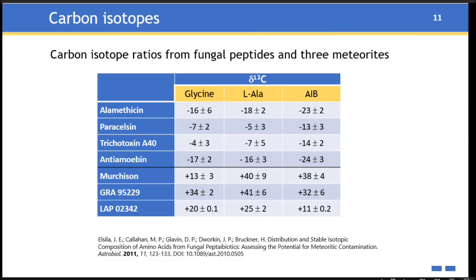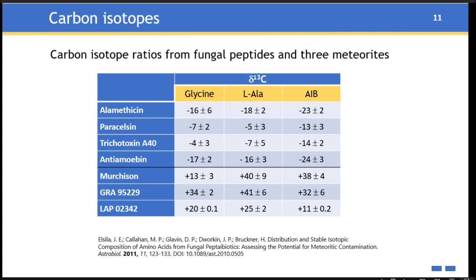Carbon isotope ratios from fungal peptides and meteorites. Dan Glavin from the NASA labs and his co-workers were interested in proving that the amino acids in meteorites are of extraterrestrial origin.